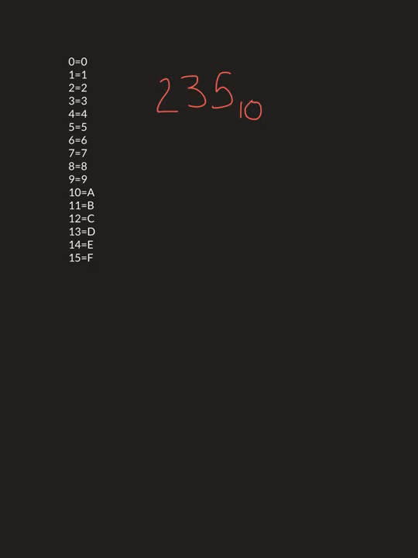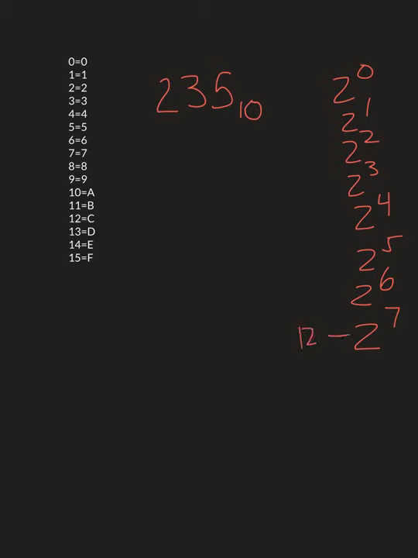In binary, we're talking about 2 to the 0 power, 2 to the 1st, 2 to the 2nd, and all the numbers that are powers of 2. This one is 128, and clearly there's a 128 in 235, so that's the first thing I do.